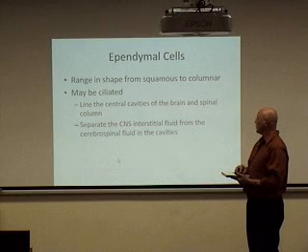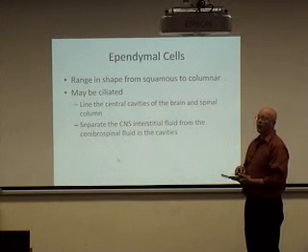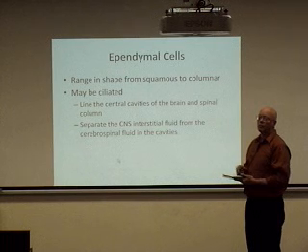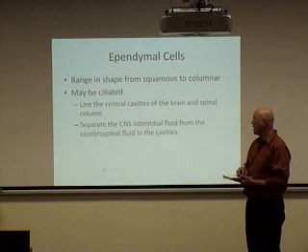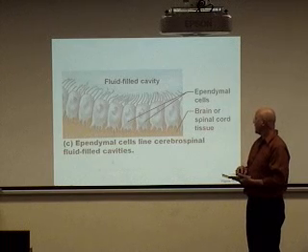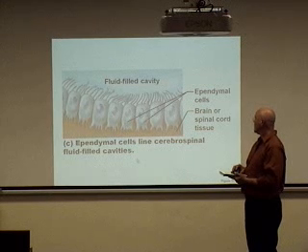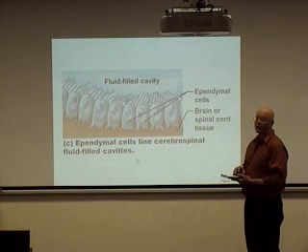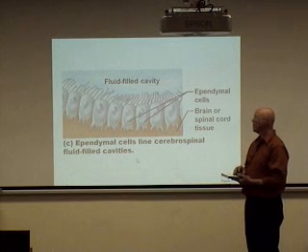That has very important functions in keeping the brain and the spinal cord in a state of buoyancy. It adds a form of protection against shock and against trauma. The ependymal cells line those fluid-filled cavities, and they help to circulate that cerebrospinal fluid around the brain and around the spinal cord as well.